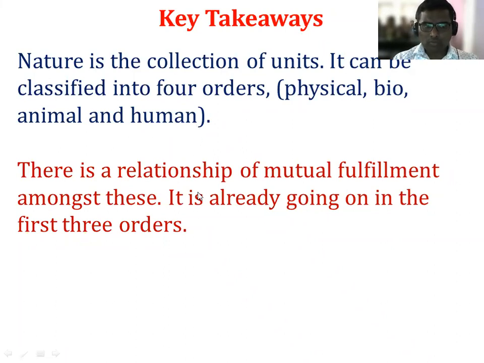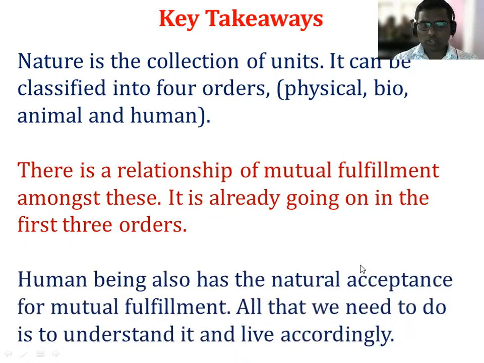Second conclusion, there is a relationship of mutual fulfillment amongst these. It is already going on in the first 3 orders, and we just have to look at how the human order should be connected with the remaining 3. It means the human being also has a natural acceptance for mutual fulfillment.